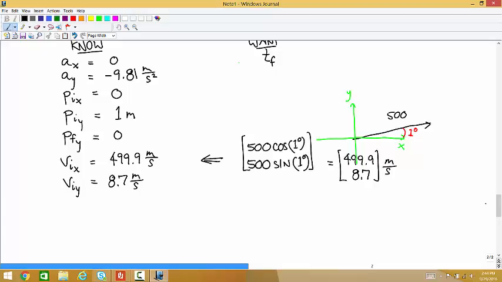Nope. Okay, so now we can use this equation again. PFY is equal to PIY plus VIY TF plus 1/2 AY TF squared.